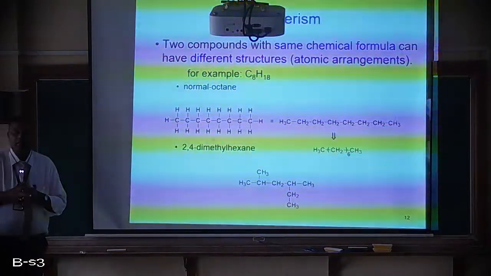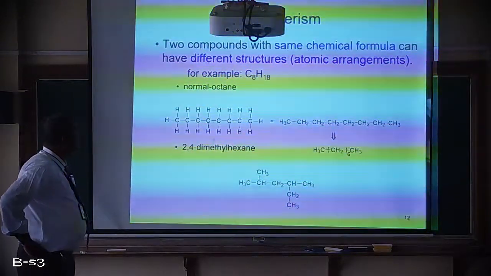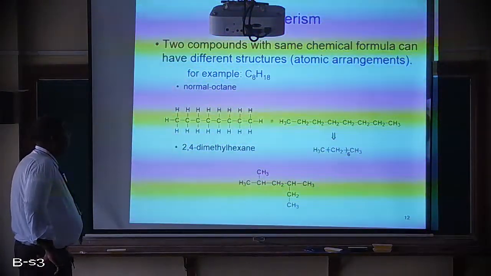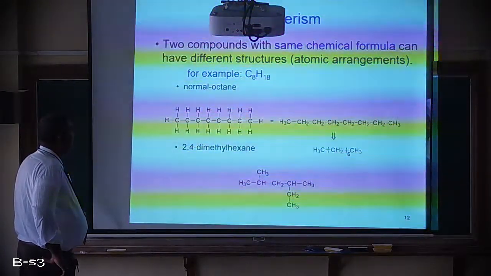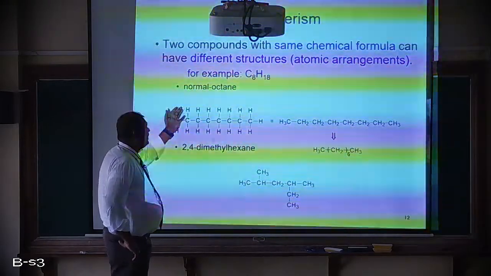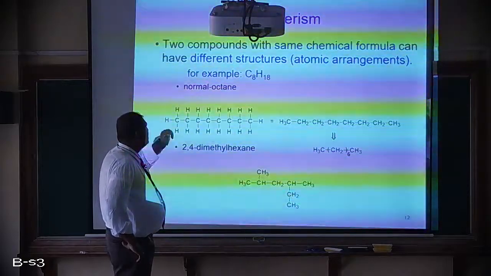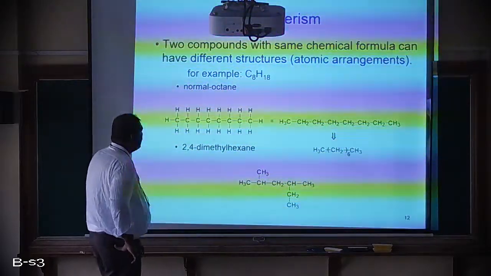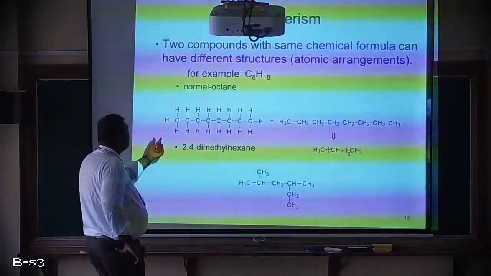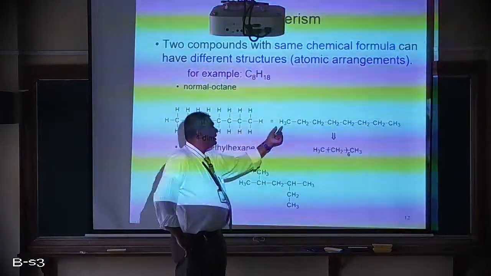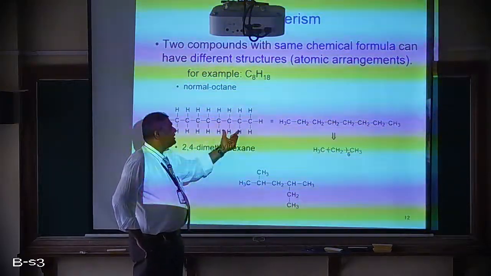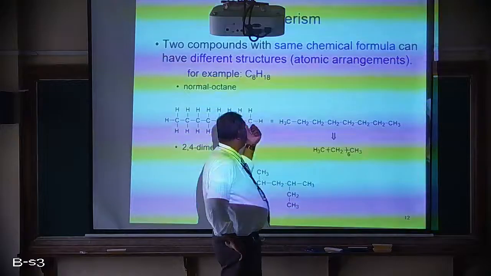So this is isomerism. In isomerism, 2 compounds with the same chemical formula can have different structures, that is, different atomic arrangements. For example, C8H18. This is normal octane. Octane means 8, so you can see here 8 carbon atoms and 18 hydrogen atoms. These are repetitive in nature. Hence this has CH3, then the rest up to here is CH2, CH2, CH2, and the last one is again CH3.